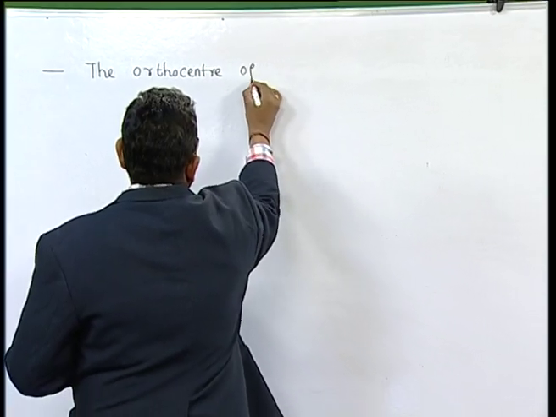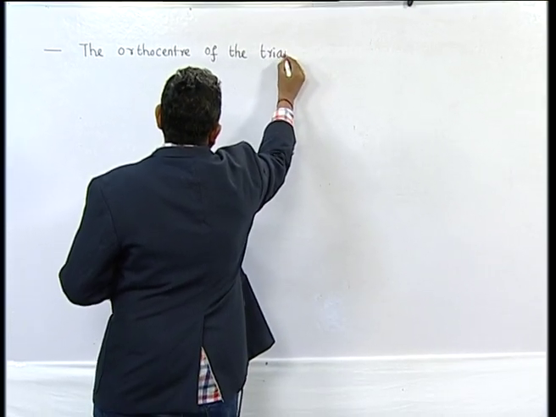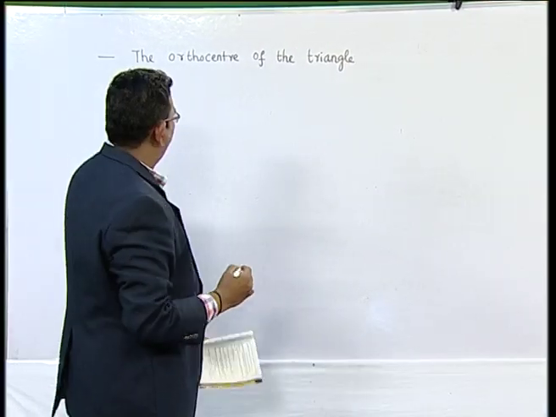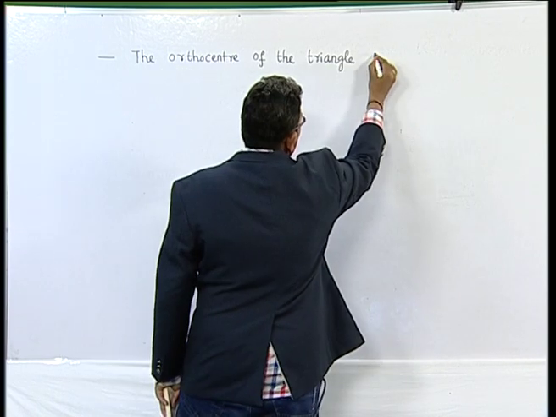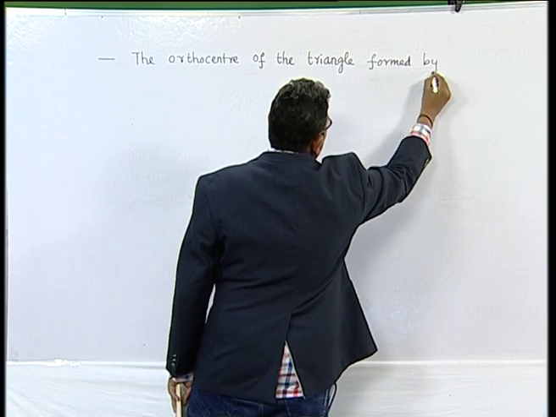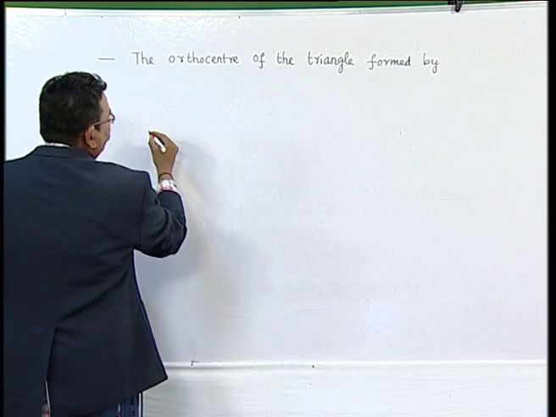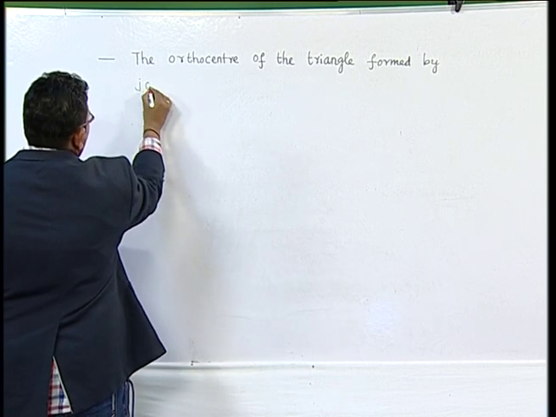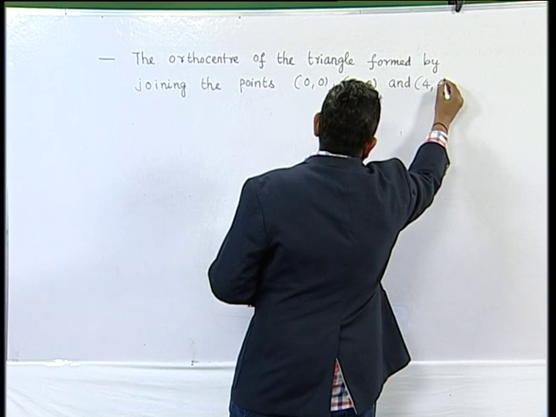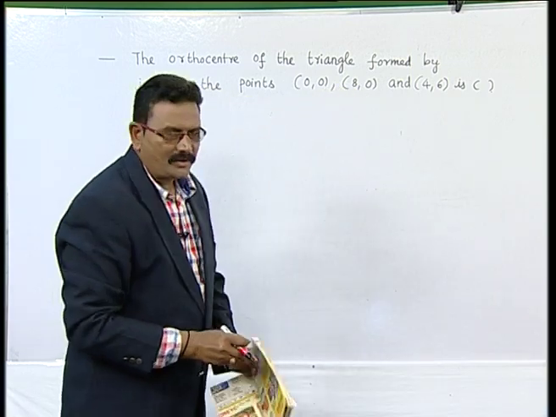The orthocenter of the triangle formed by joining the points is, okay, let us solve this problem.